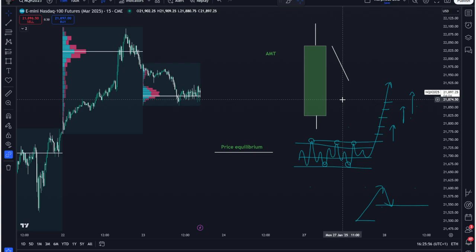Let's try to put things in line, understanding why, to get completely the picture of auction market theory, we need to understand also order flow. And we need to understand that the kind of interaction there is between buyers and sellers needs to be supported by objective data. And the only objective data we have in the market is based on the interaction between buyers and sellers.